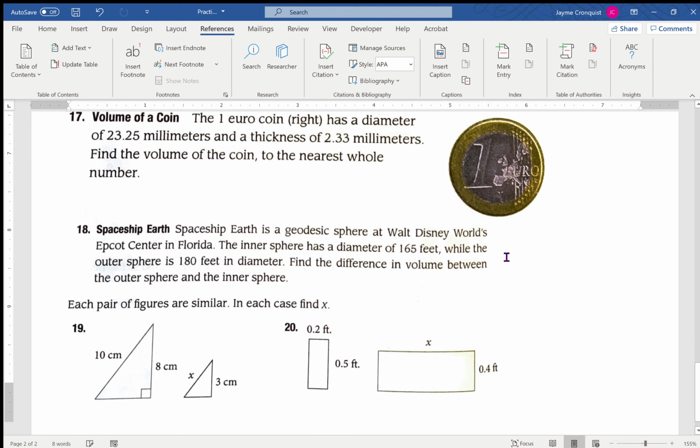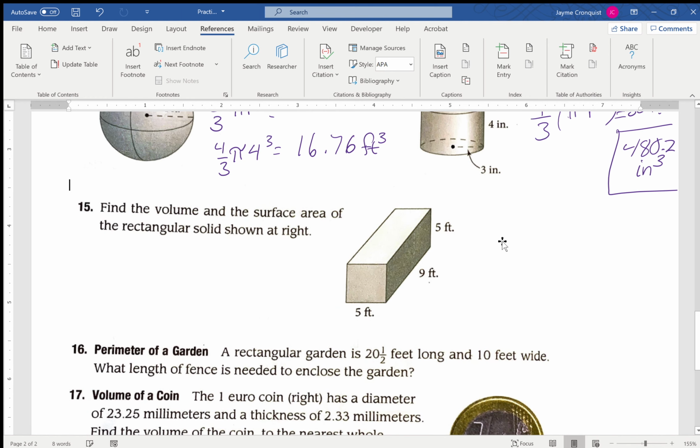All right, we have a few more. Find the volume and the surface area of the rectangular solid shown. Okay, so surface area. Remember, we have 2 of each side.